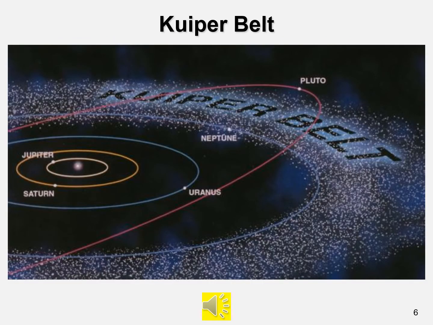At a distance of 30 to 55 AU, our spaceship traverses the Kuiper Belt, a diffuse ring of icy objects that once formed the outer reaches of a protoplanetary disk.